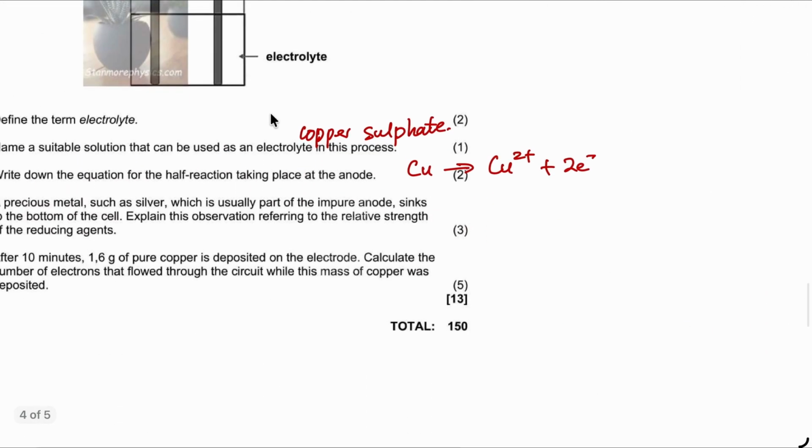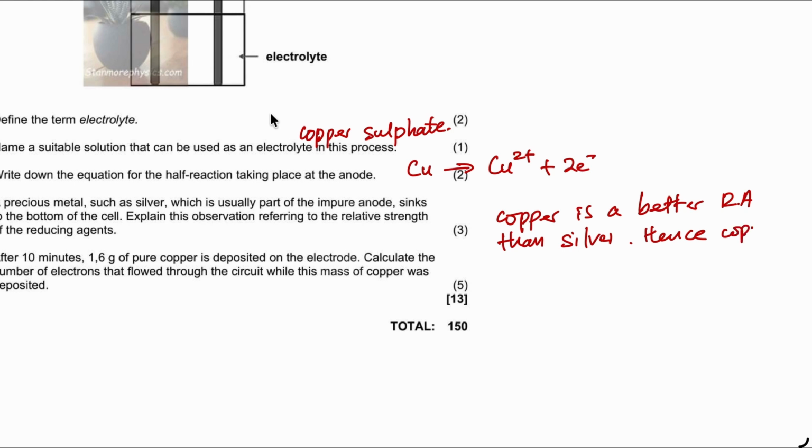So our answer here is going to state that copper is a better reducing agent than silver. Hence, the copper will be oxidized instead of the silver. So if the silver is not being oxidized, it's going to fall to the bottom.